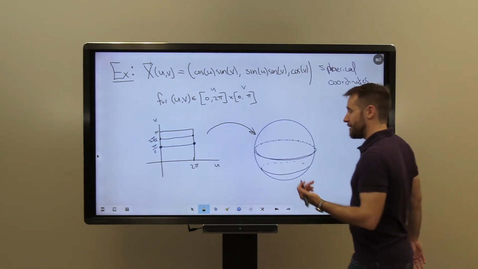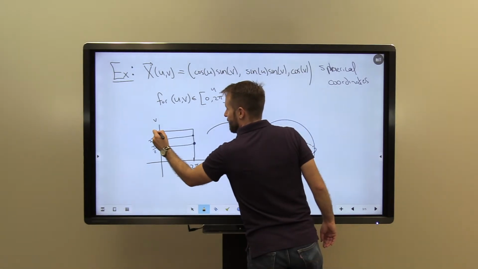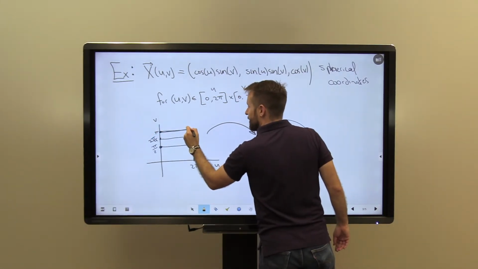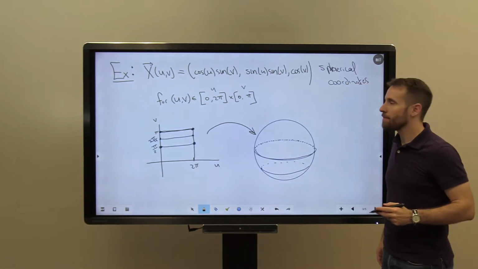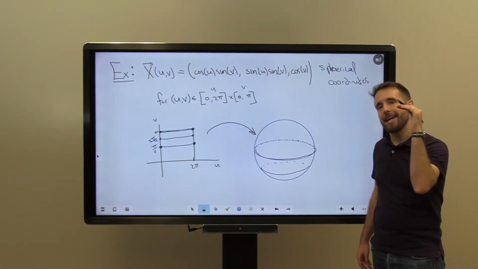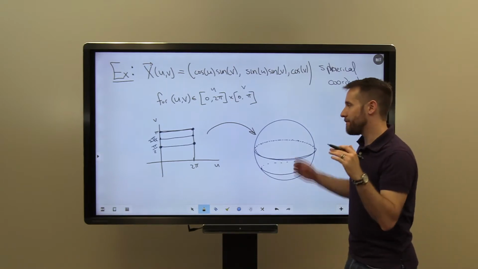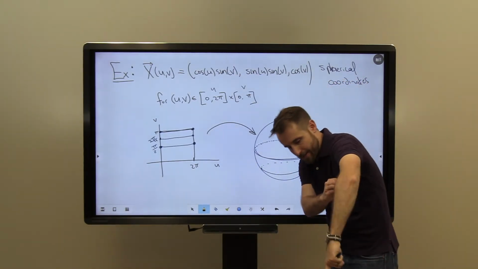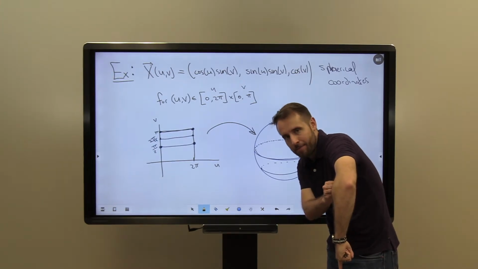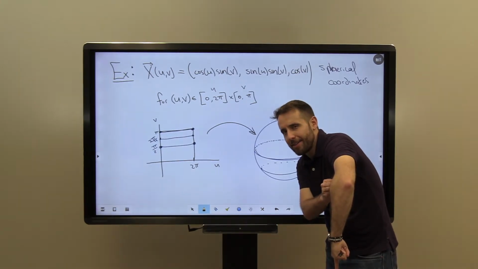And finally, if I take this edge up here as a curve, what does that get mapped to? Well, if I take pi as my point, from 0 to pi, then my angle going down will be pointing straight down with angle pi, and that's pointing directly at the South Pole.